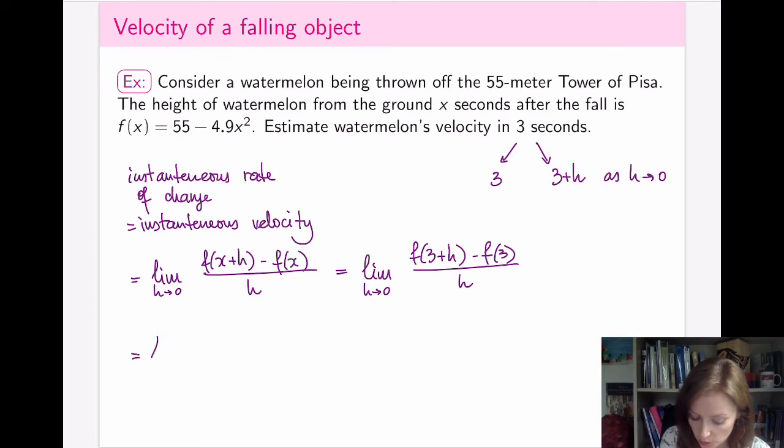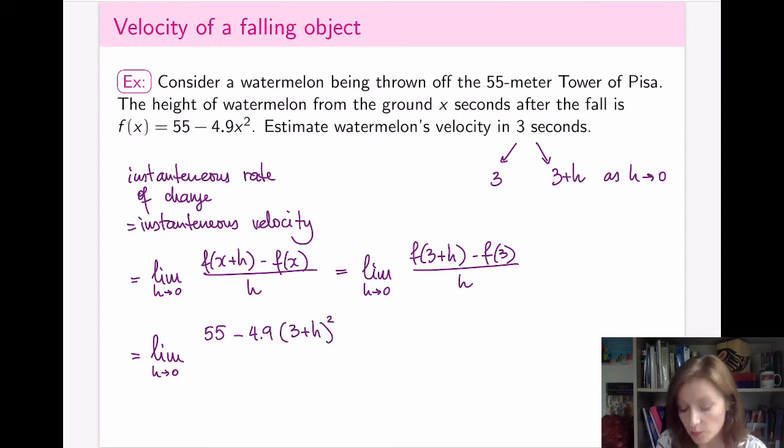So what you should be getting, I'm not changing the limit, this is just something that I'm for now computing with. f of 3 plus h should be 55 minus 4.9, and then 3 plus h replaces the entirety of x.